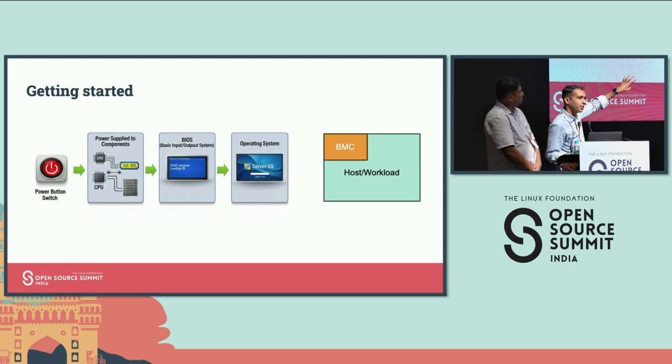BMC is a separate microcontroller, a baseboard management controller, so it's not even part of the host. It's a separate controller which runs on the system, so even if the server is not powered on, it runs.